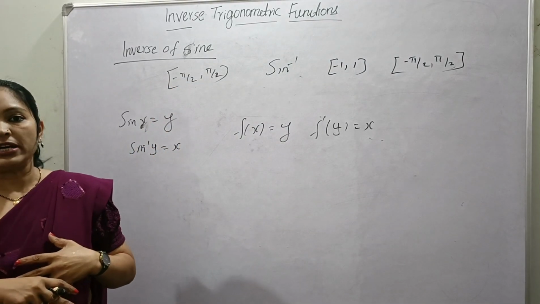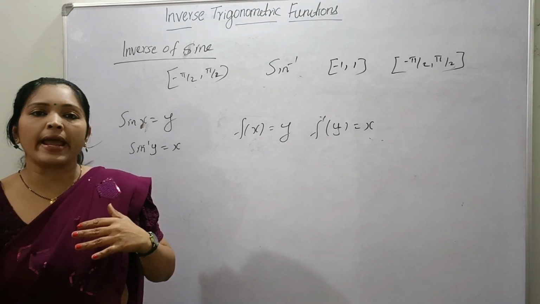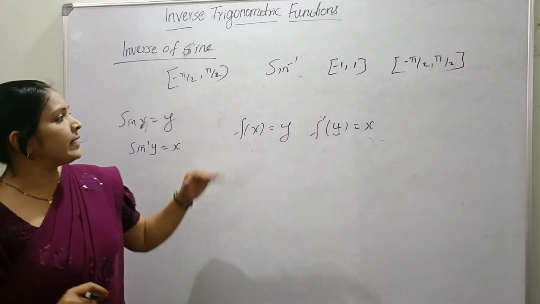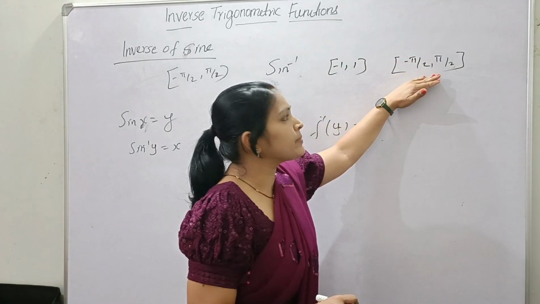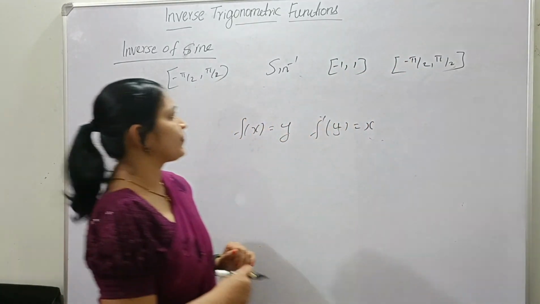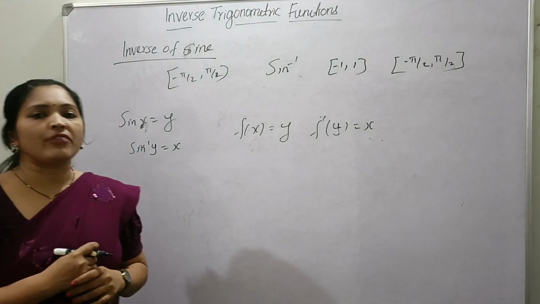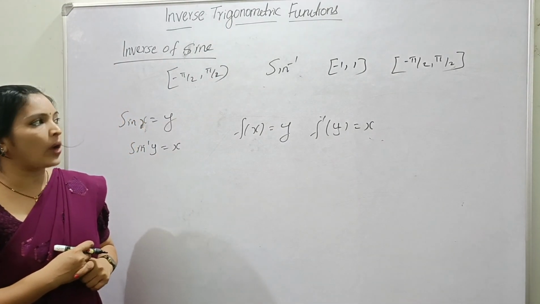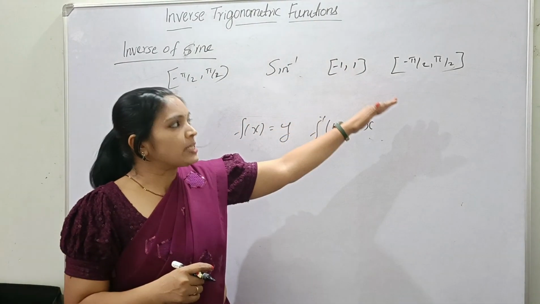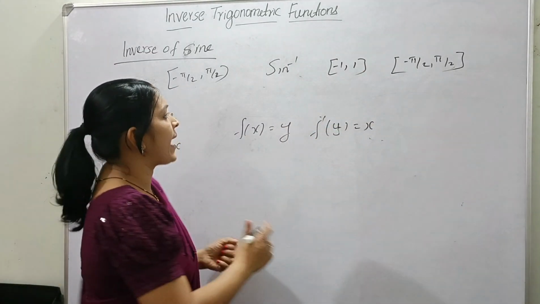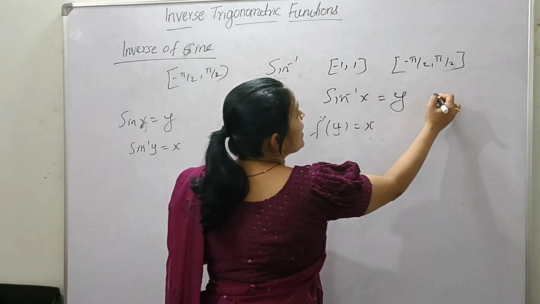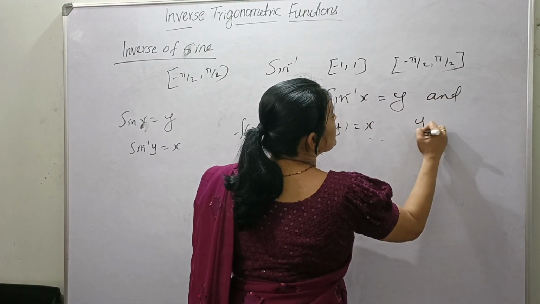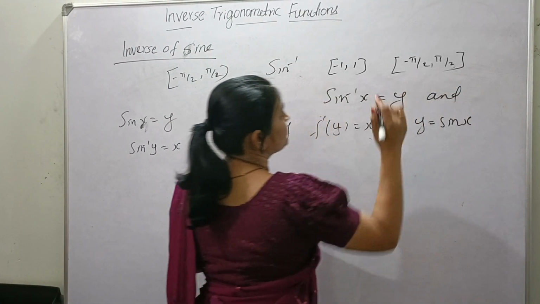So when we take the inverse, its domain and range are interchanged, right? That is, domain is minus 1 to 1 and range is minus pi by 2 to pi by 2. Therefore, sine inverse is a function from minus 1 to 1 to minus pi by 2 to pi by 2, such that sine inverse of x is equal to y and y is equal to sine x.